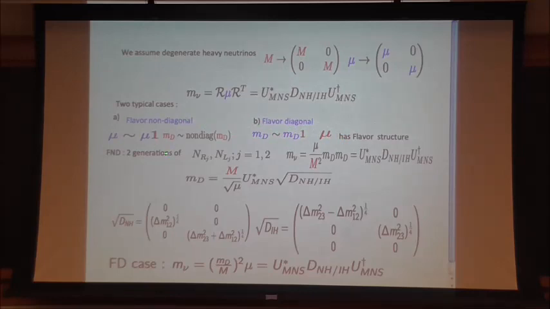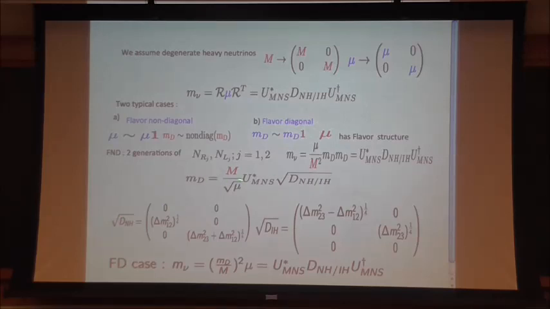Now one can write down M_D in terms of the U_PMNS, because R is actually M_D over M. Then one can express M_D in terms of the U_PMNS matrix and the square root of D_NH and D_IH.